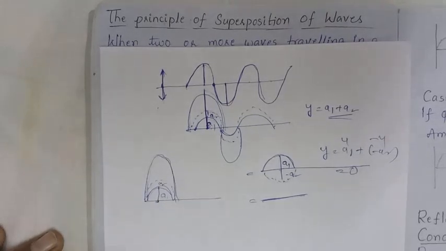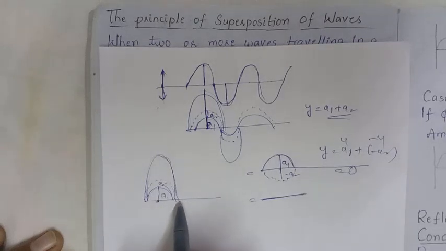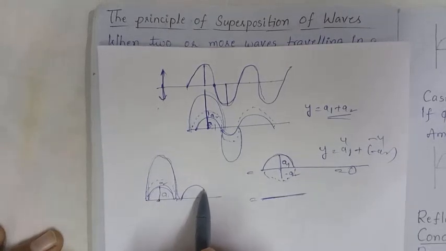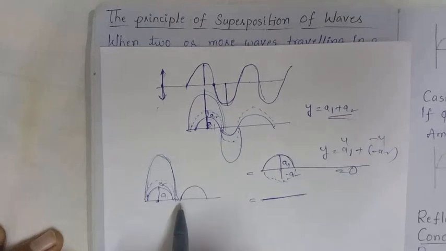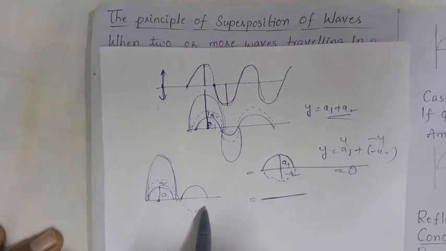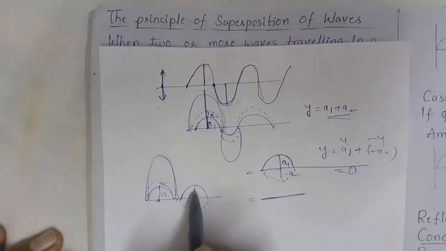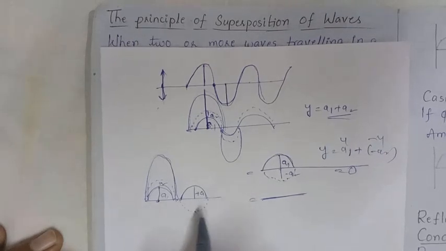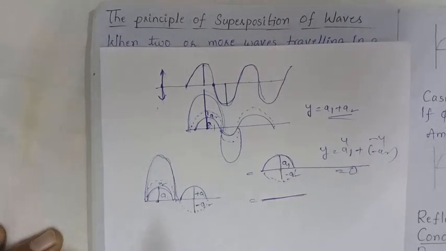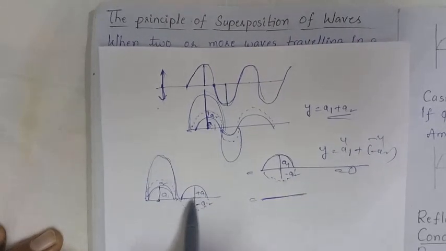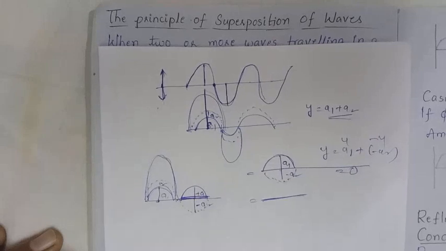Suppose one wave crest is superimposed with another wave trough. Then it is plus A1 and minus A2, but here A1 is equal to A2, so the resultant amplitude is zero, there is no amplitude.